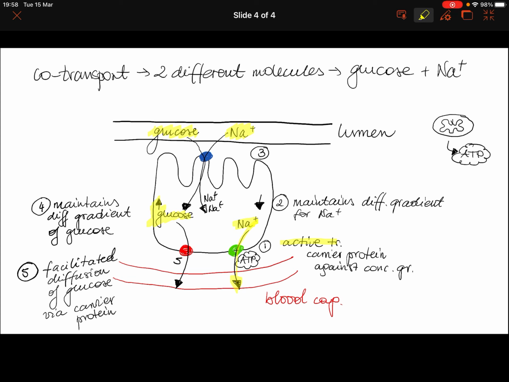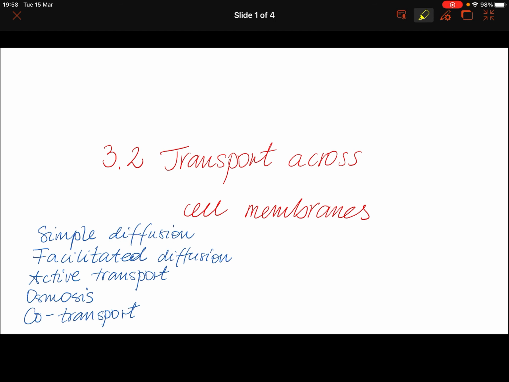So those are the main transports that you need to be ready to recall for your exam: simple diffusion, facilitated diffusion, active transport, osmosis, and co-transport. Don't forget to think about the factors affecting each of the transports.